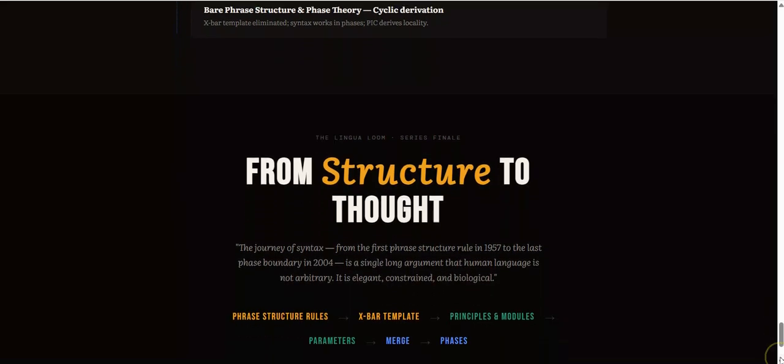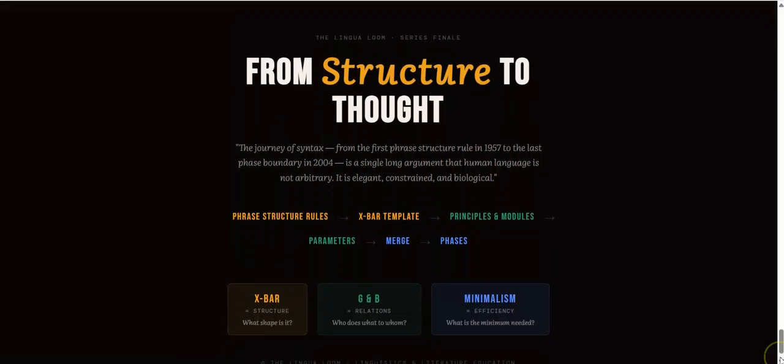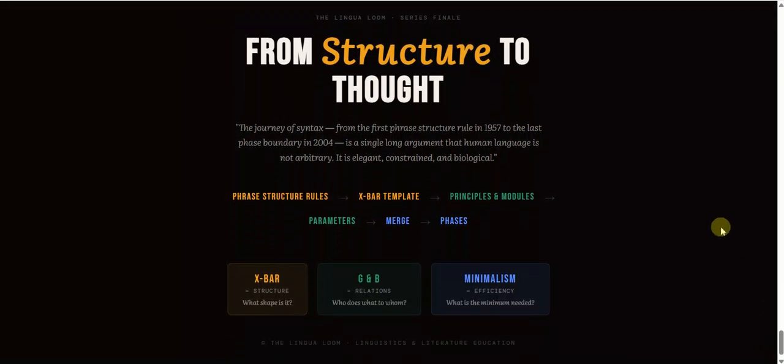Now this is it. From structure to thought, the journey of syntax, from the first phrase structure rules in 1957 to the last phase boundary in 2004, is a single long argument that human language is not arbitrary; it is elegant, constrained, and biological.